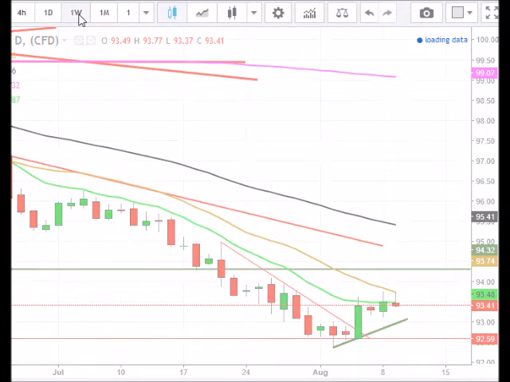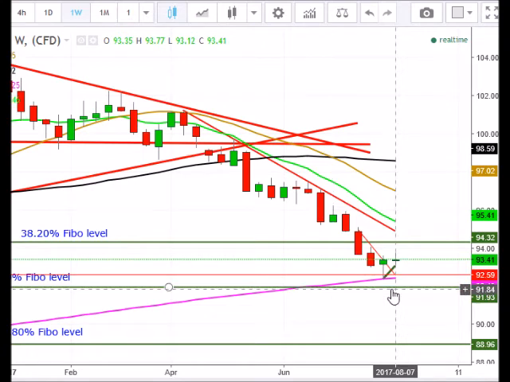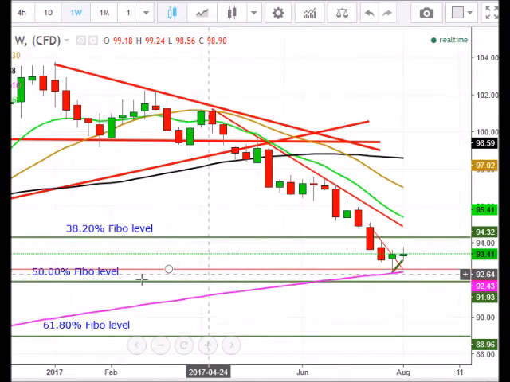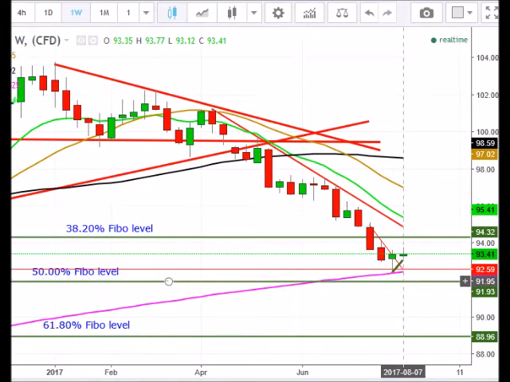So let's talk about that. Jumping back to the weekly time frame, I mentioned this level here at around 92 as the 50% retracement level, as you can see here. If we do in fact break below this and then finish the week up above this, then it's going to be a little bit more tricky, but still identifying that we do have buying pressure starting to come in here slowly.